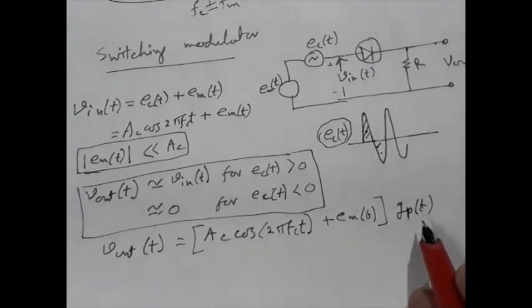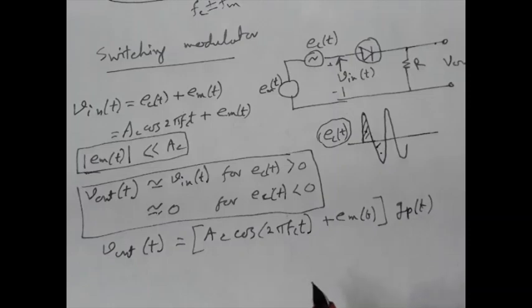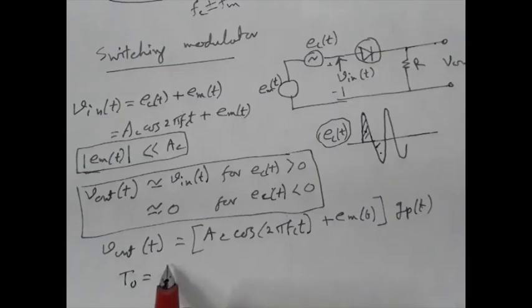Here this g(t) is a periodic pulse train of duty cycle equal to 1/2 and period T0 equal to 1 by fc.